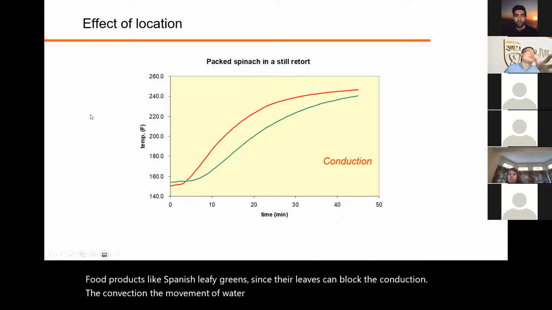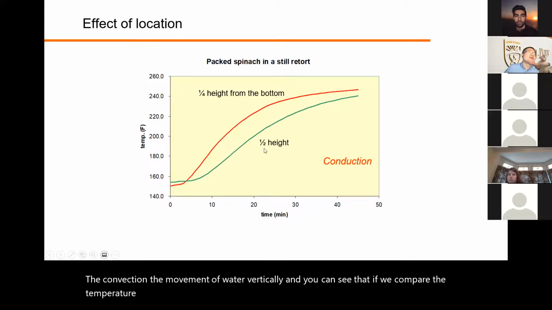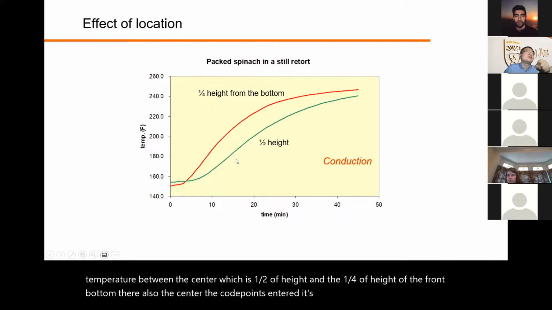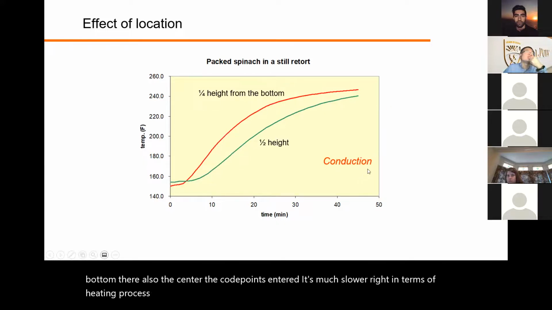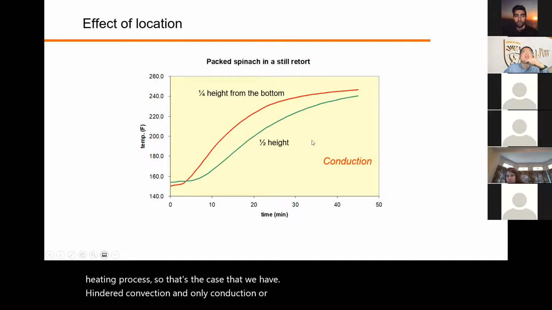You can see that if we compare the temperature between the center, which is 1/2 of the height, and the 1/4 of height from the bottom, the cold point in the center is much slower in terms of the heating process. So that's the case where we have hindered convection and only conduction happens. So they are very, very different.